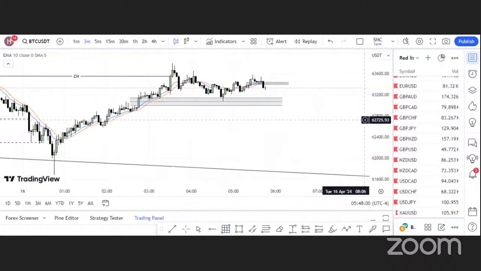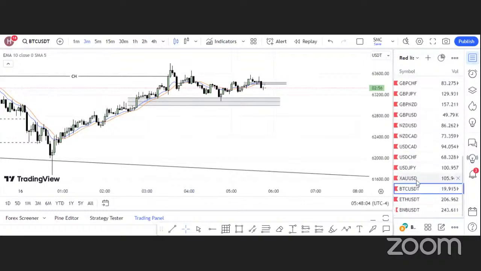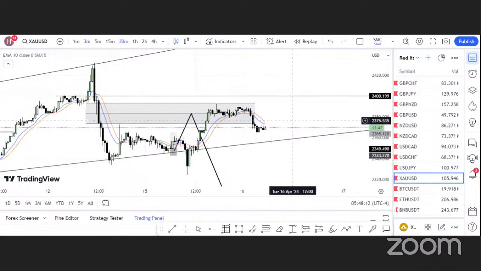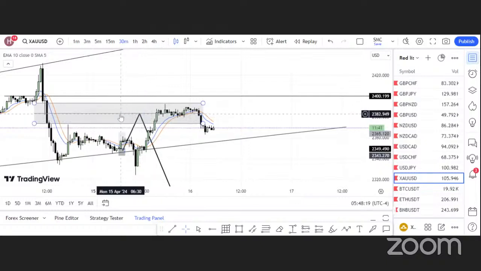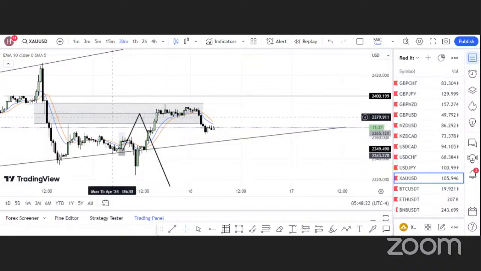All right. So let's analyze gold. Let's see what is going on with the gold instrument. All right, so yesterday, you see, I made this analysis and I said gold was going to retest from this level.